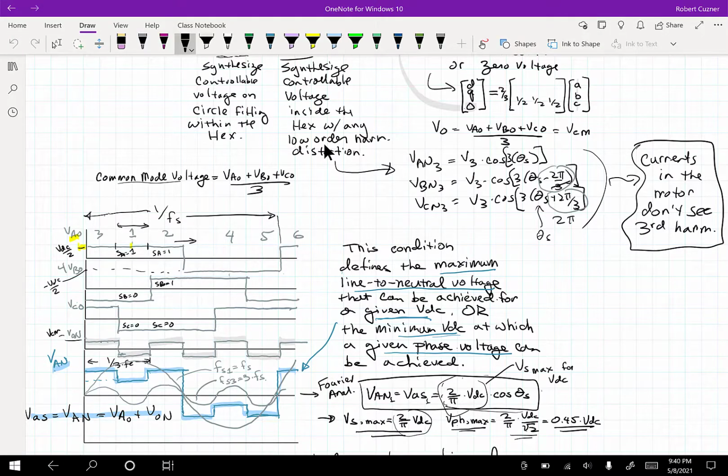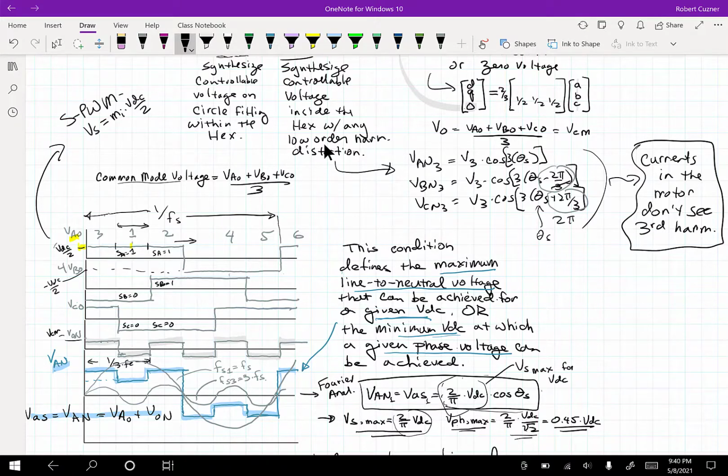if you think about what the A to 0 voltage that can be produced is, plus minus VDC over 2, and what that represents. So if we said that we had sine PWM, then the VS, which is the peak voltage, would be equal to its modulation index times VDC over 2.